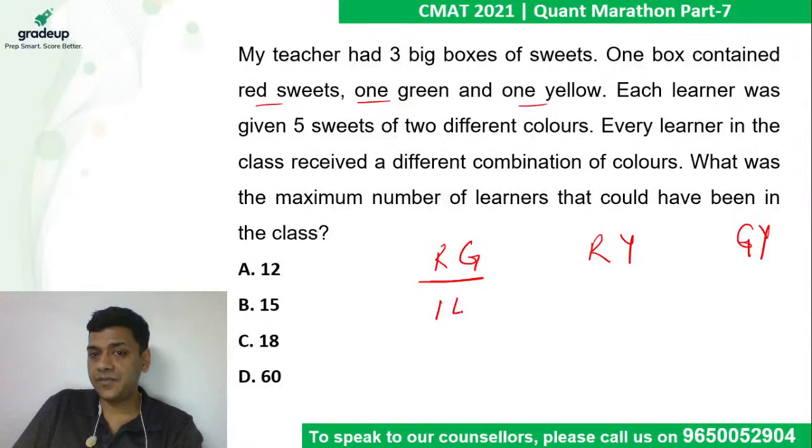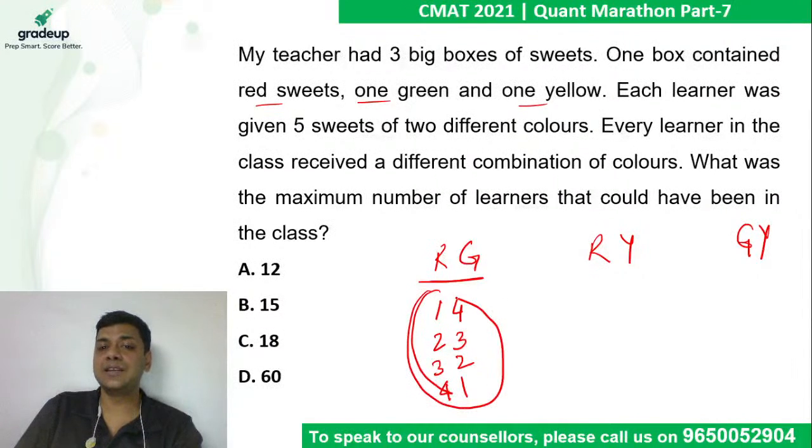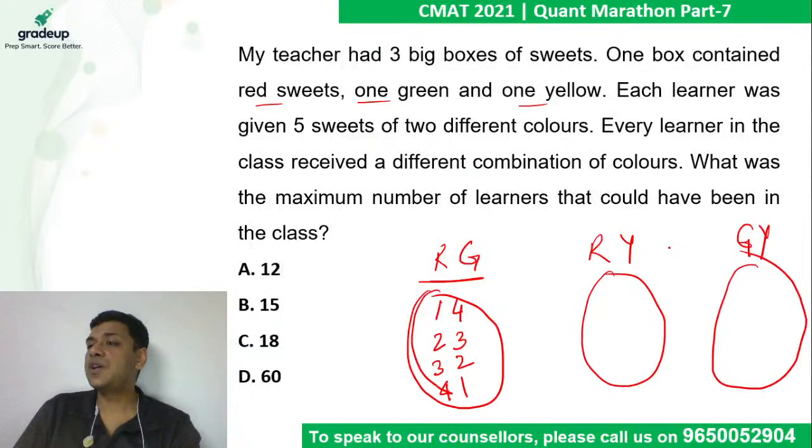I can give either 1 and 4, or 2 and 3, or 3 and 2, or 4 and 1. There are only 4 options with red green. I will have a similar 4 options with red yellow and a similar 4 options with green yellow as well.